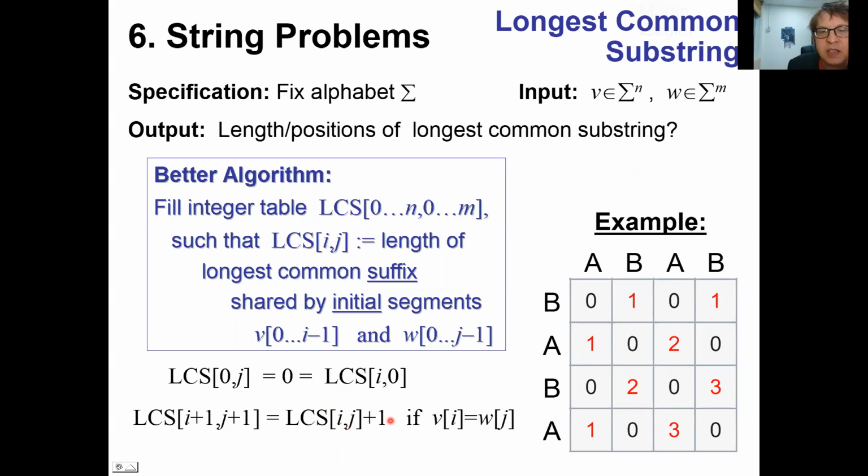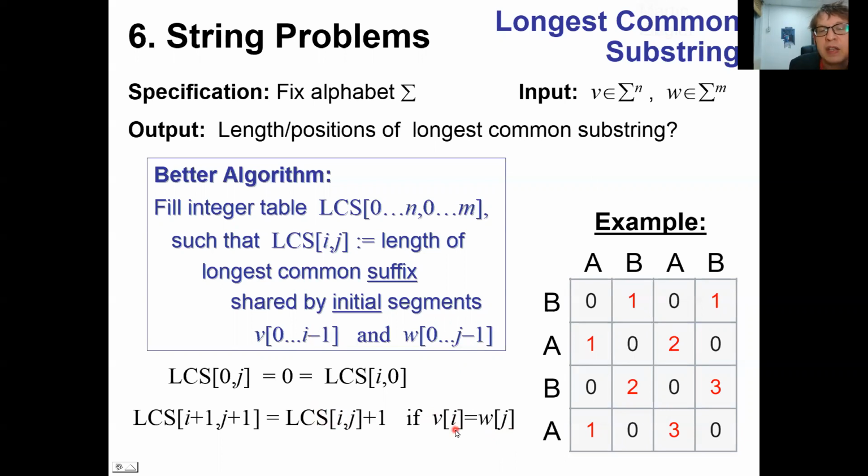And so if this entry means the length of the longest common suffix of the initial segments up to I and up to J, then the position I and position J is a position beyond the current initial segment. This initial segment goes up to position I minus 1 and J minus 1.